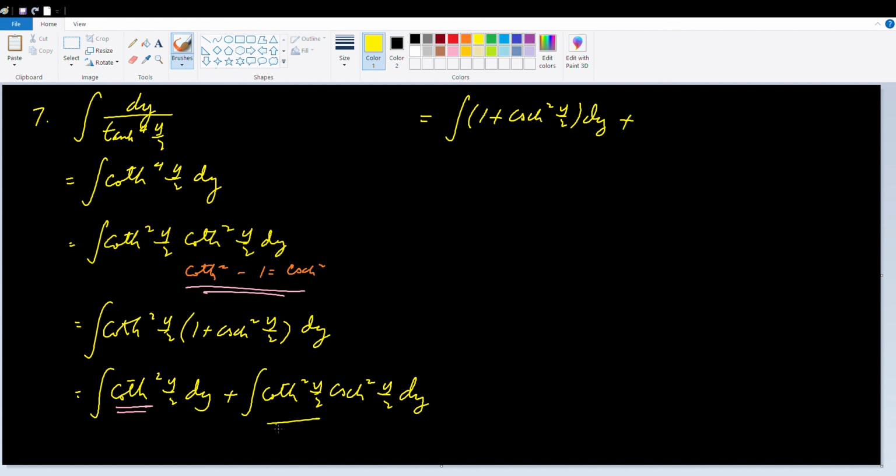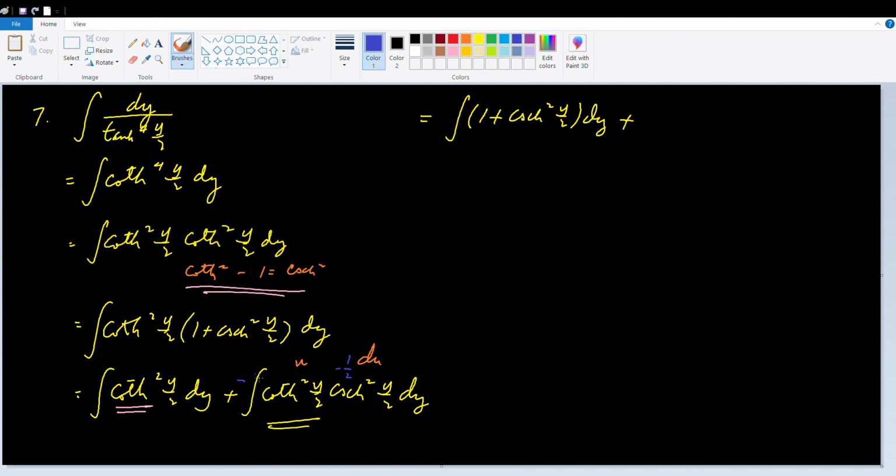Plus, for the second integral, our u is hyperbolic cotangent and our du is hyperbolic cosecant squared, but it must be negative. So negative, and then the derivative of y over 2 is 1/2, so it lacks negative 1/2.